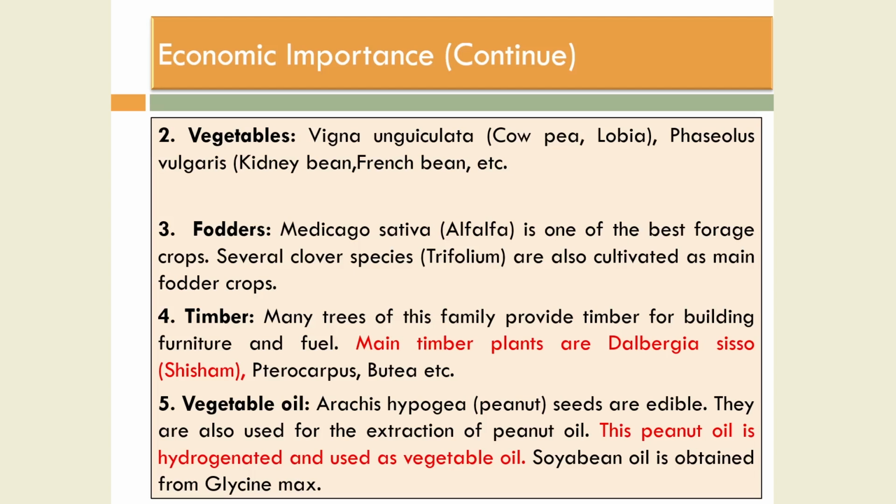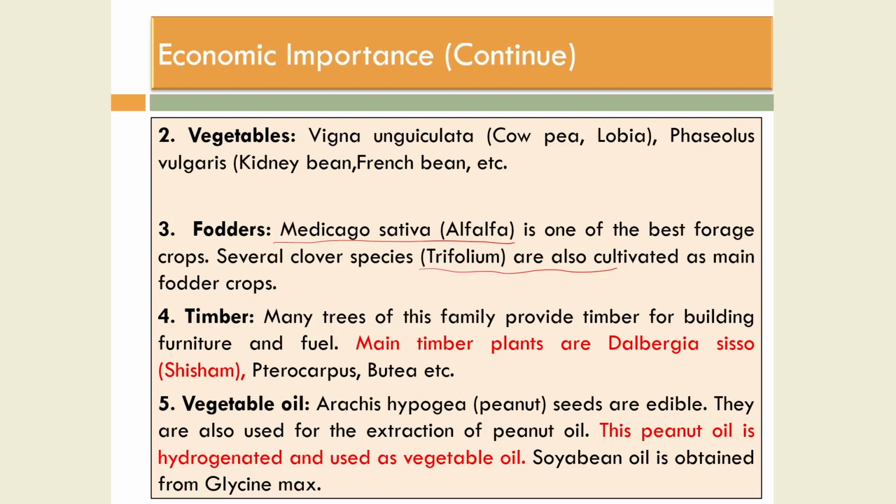Then Phaseolus vulgaris, also called kidney bean or French bean, is also a source of vegetables. Some plants are also used as fodder, like Medicago sativa, which is alfalfa, one of the best forage crops.